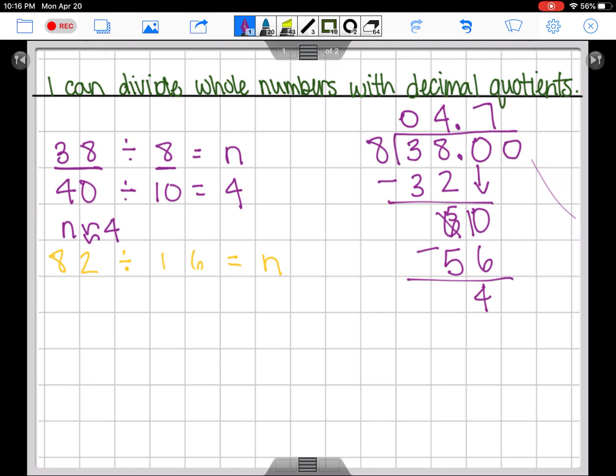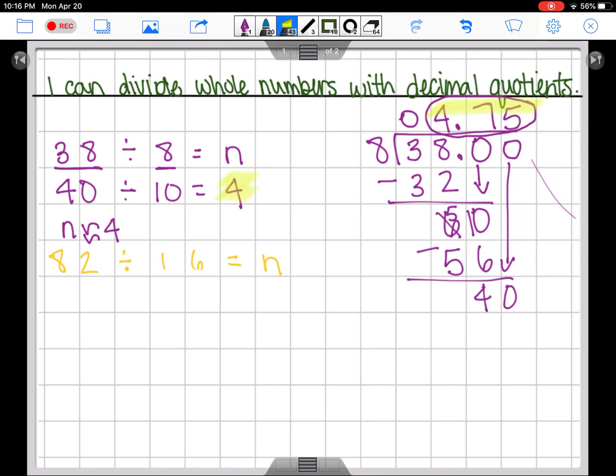Here we are again. We know that 38 is equal to 38 and 0 hundredths. So we'll just add another 0. Keep it going. Drop that down. And now we can say, how many times does 8 fit into 40? This one should be ringing a bell in your head. There is a perfect math fact to get us there. 8 can fit into 40 5 times.